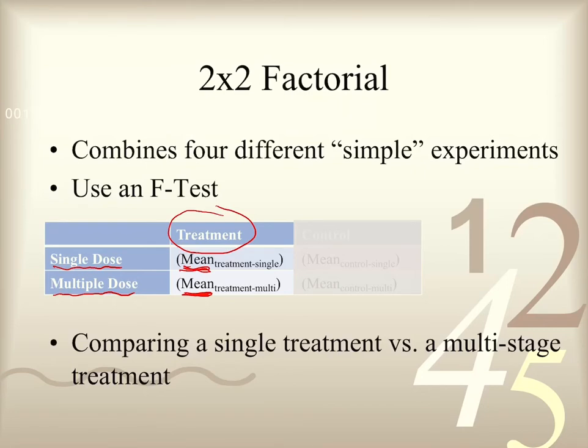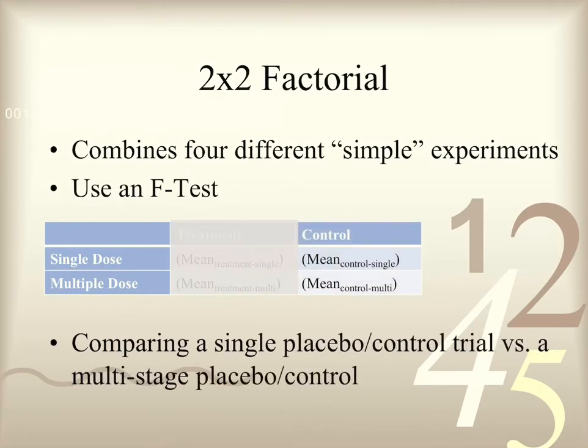So one of the simple experiments contained within this factorial is multiple versus single dose of a treatment. But in this very same factorial study, we can also control, let's say they get a placebo pill. And here's what we get to look at: people who get the single dose of a placebo versus a multiple dose of a placebo or a control.